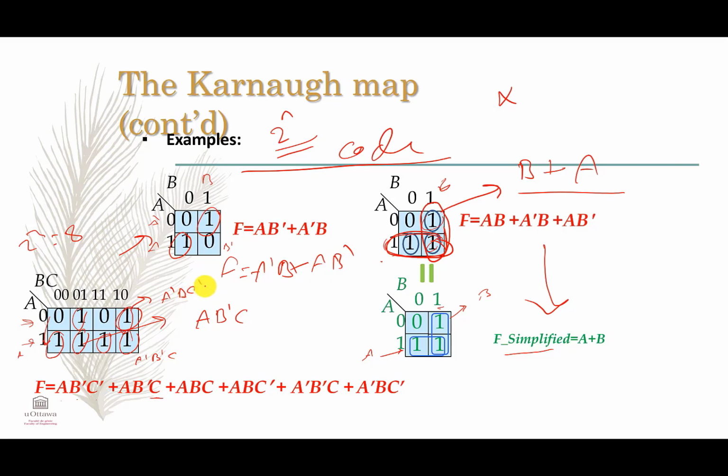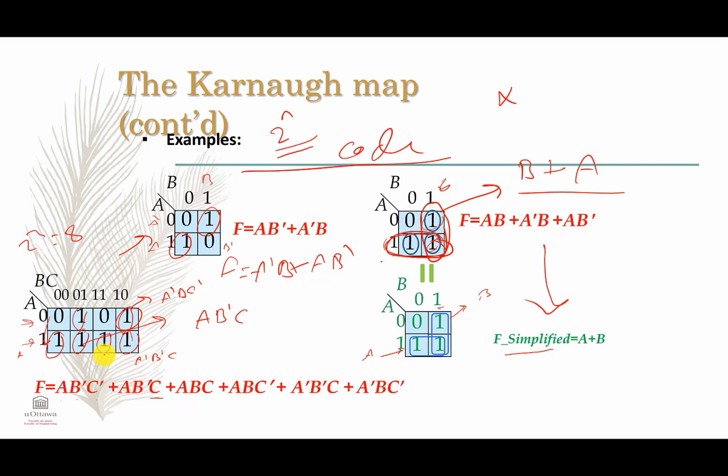Now by looking at this, can we group them in a group that contains most of the ones, and this group contains cells that are 2 to the power something? Yes, the answer is basically yes.